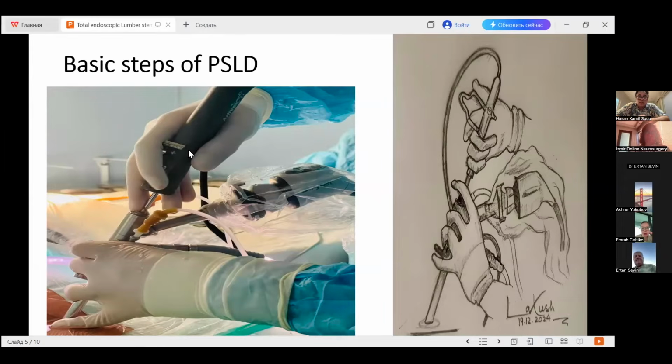This is how I use the drill. My finger is the stopper. We always have to put it like this, because sometimes the drill drops inside, and it is a major dural risk. That's why we always have to put a stopper.